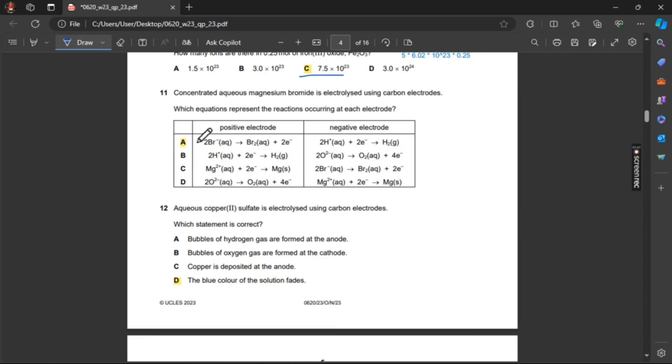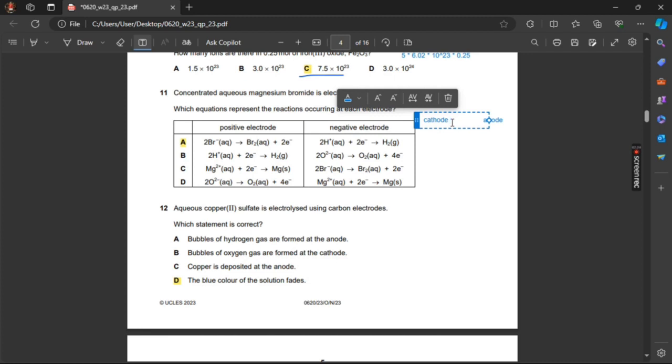11th question. Concentrated aqueous magnesium bromide is electrolyzed using carbon electrodes. Which equations represent the reactions occurring at each electrode? First of all, we should write both electrodes, cathode and anode, and also their charge.